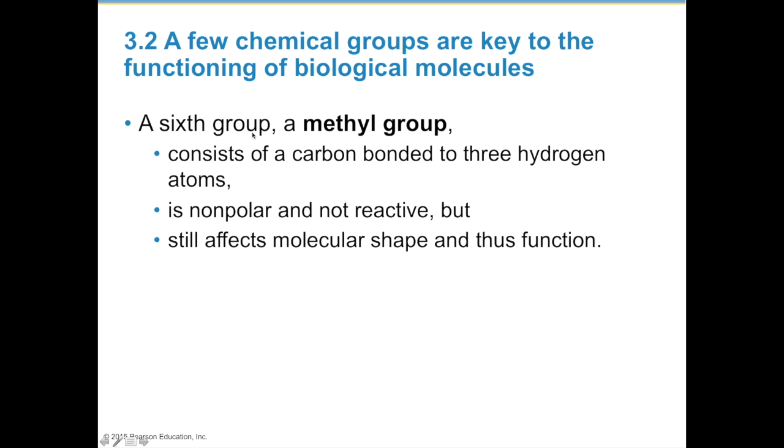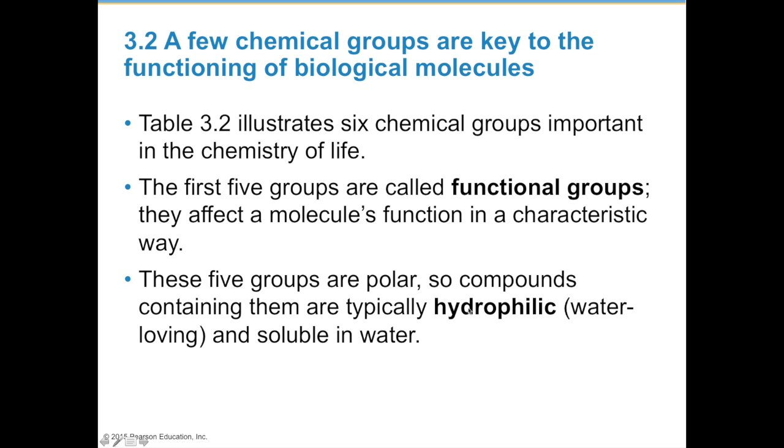I want to go back for just a minute to this word here. Hydrophilic. Okay. These functional groups are all polar. Some compounds that contain them are typically hydrophilic, water-loving. So all polar, hydrophilic. We said water is polar.